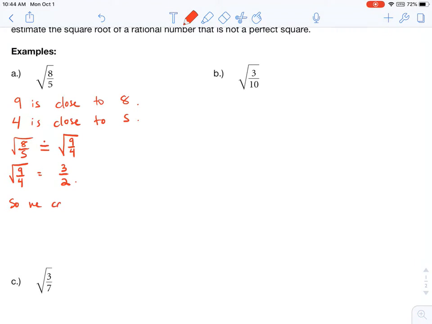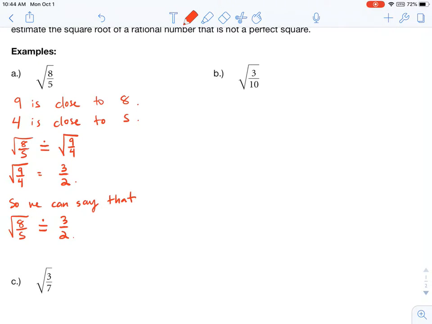So we can say that 8 over 5 is close to 3 over 2. So in this example, we used perfect squares that we know. We used 9 and 4 to estimate this non-perfect square of 8 over 5. So using benchmarks is one way to do that.